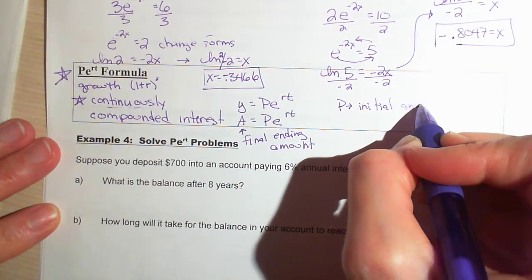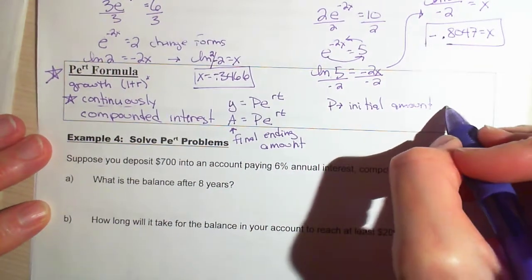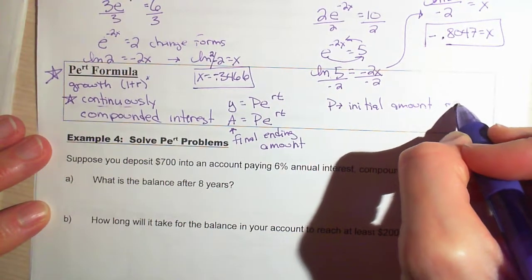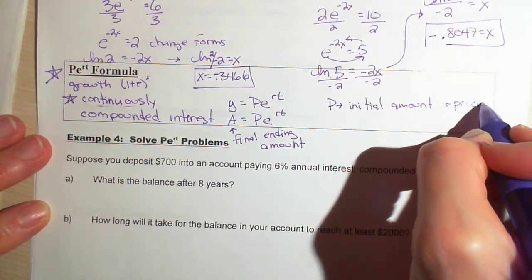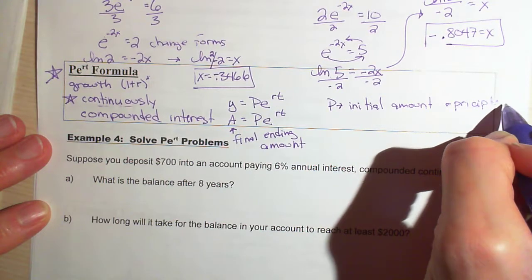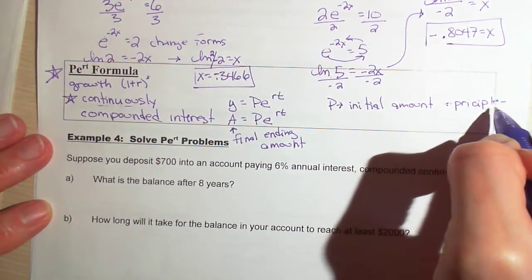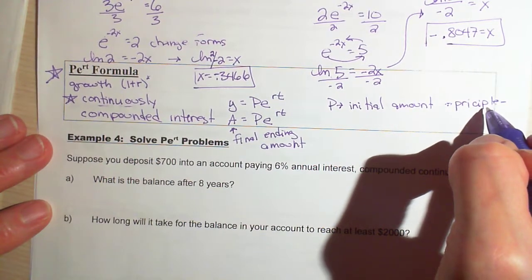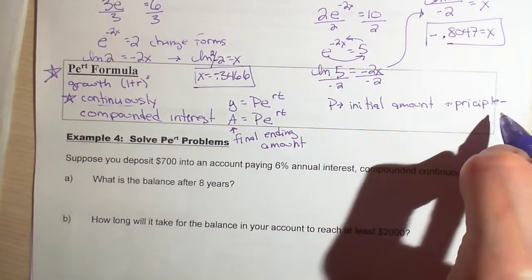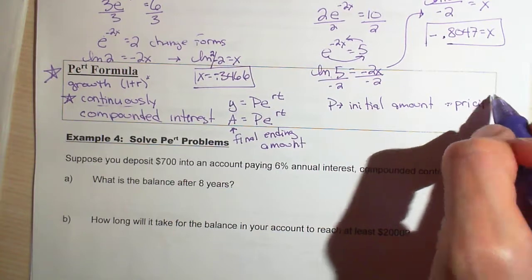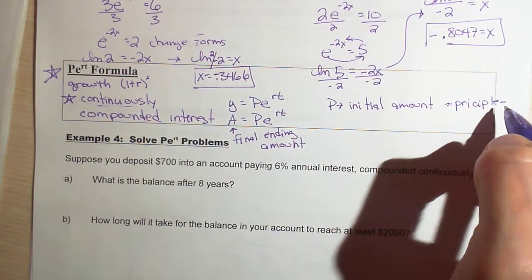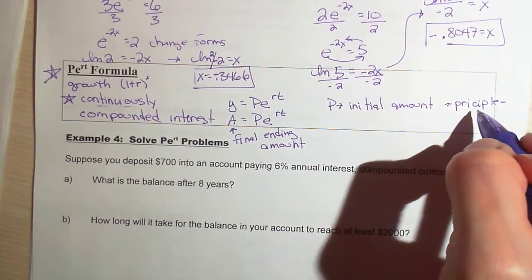The reason P is used here is it comes from principal, which is generally accepted as the amount that you initially have when you're saving money or money is growing.